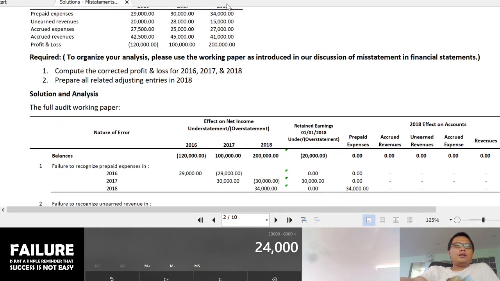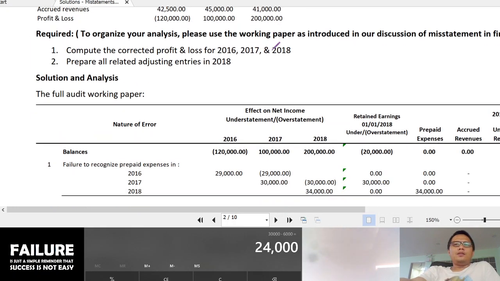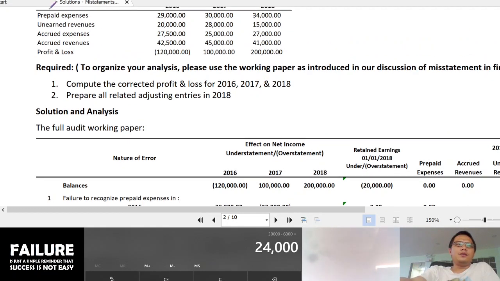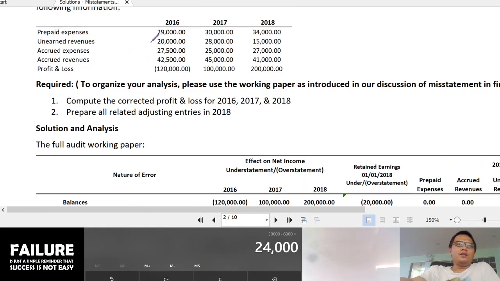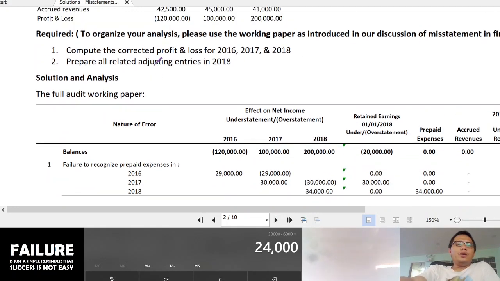If we look at our analysis here, so let's deal with it one by one, okay. So this particular failure to recognize errors and or accruals and deferrals. So first, non-recognition.